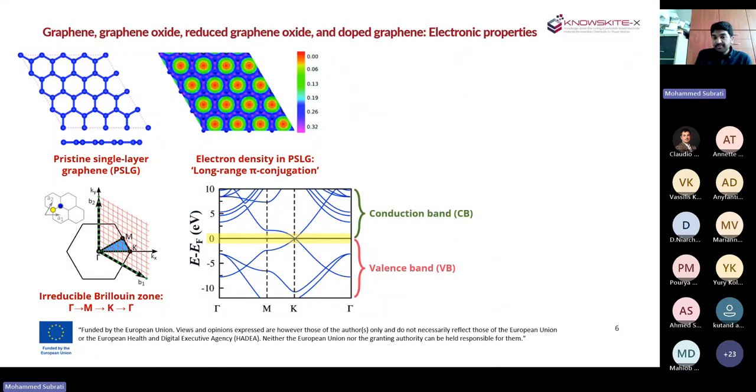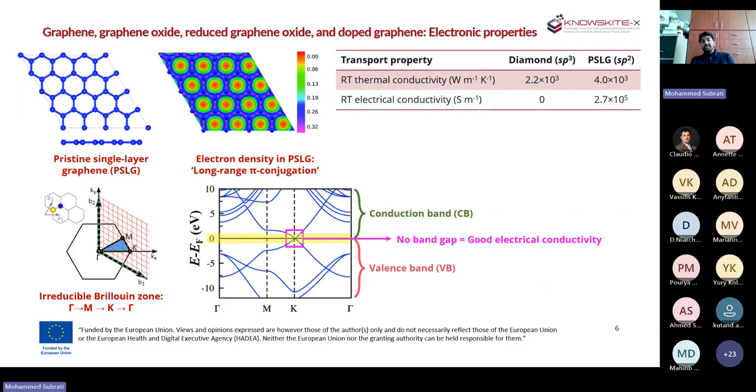This means that there is no band gap, and this is why graphene has very good electrical conductivity. If you compare the properties of graphene, which is sp2, with its sp3 counterpart, diamond, you can see the thermal conductivity of graphene is almost twice as much as that of diamond, which is expected because sp2 bonds are stronger than sp3 bonds.